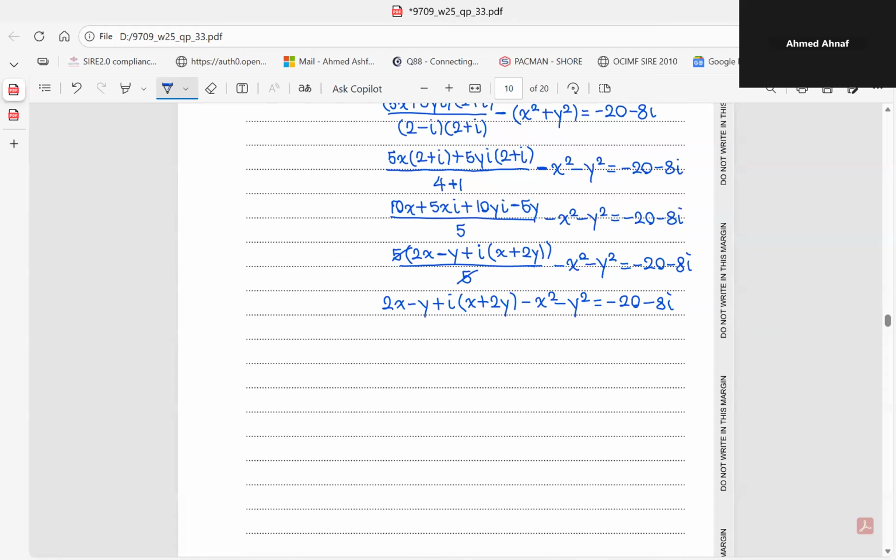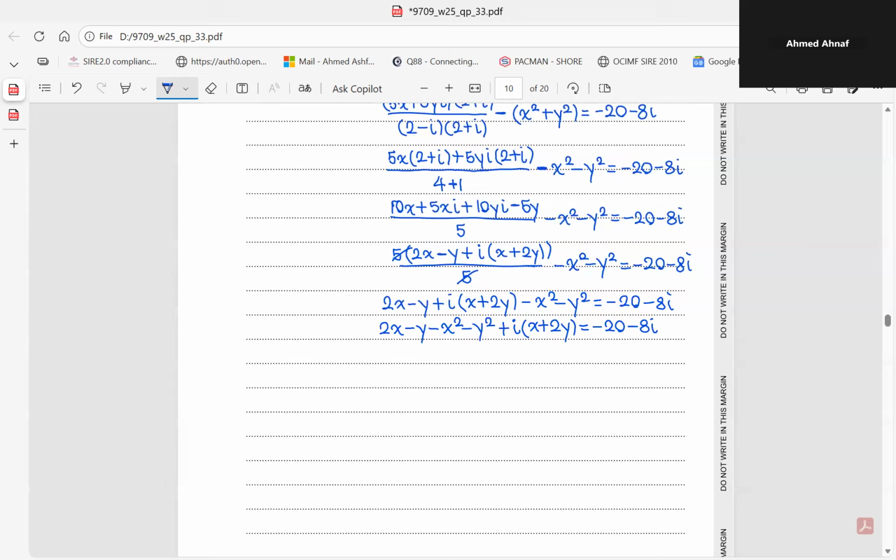Our real part is 2x minus y minus x squared minus y squared, plus i times (x plus 2y), equal to minus 20 minus 8i. Now we're going to equate the known real parts and known imaginary parts with the unknowns.